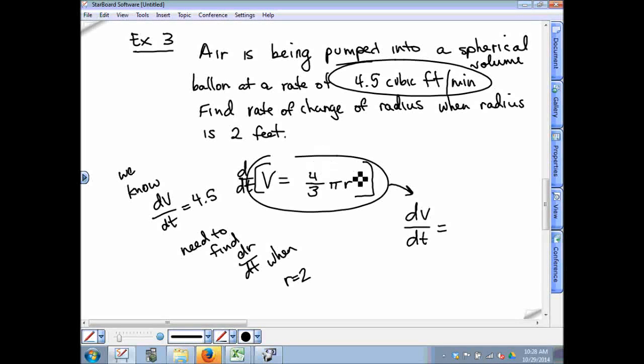So the 3 would drop down, and then it would change to a 2 here. But then the 3's cancel, so it's 4 pi r squared, times dr/dt, because remember, this is implicit differentiation.